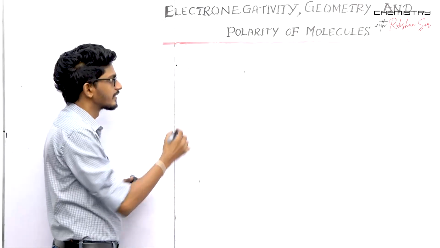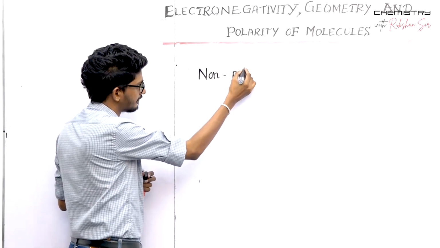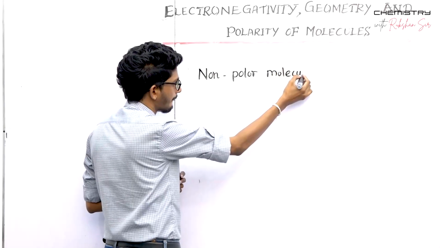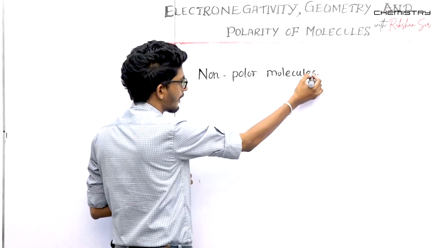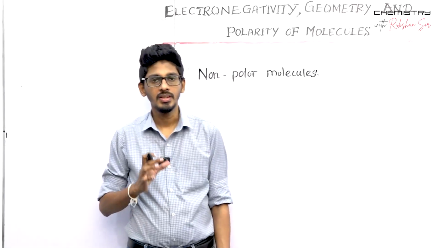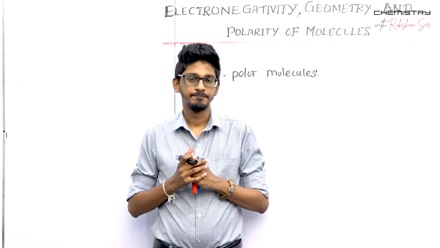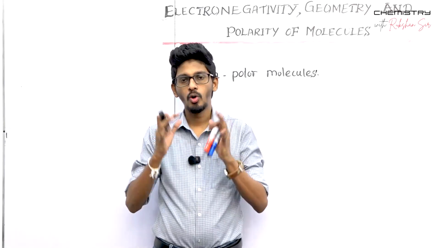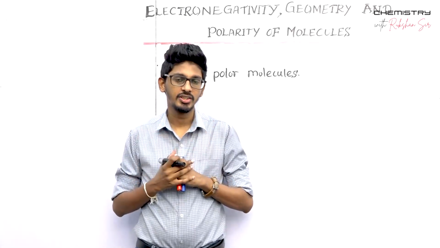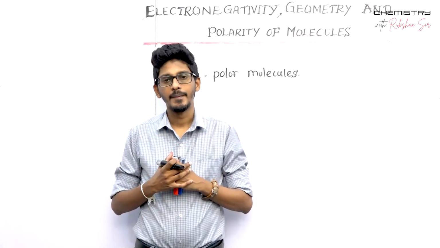Let's start with the non-polar molecules. The polar nature means the asymmetric nature of the electron density.